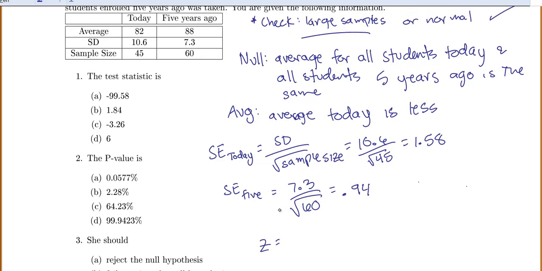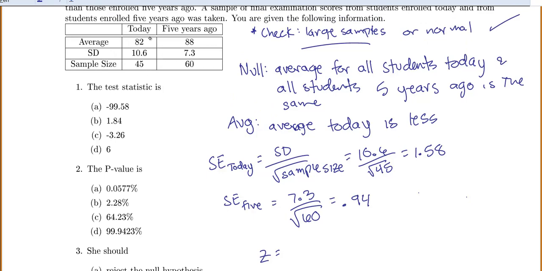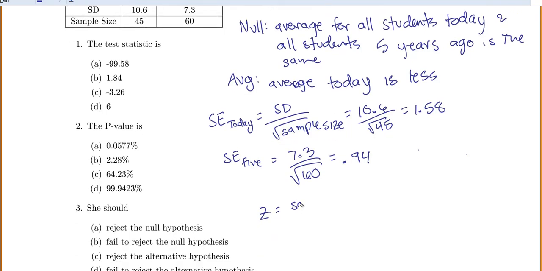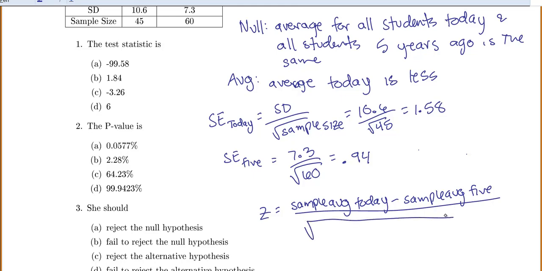Now Z equals, and for which order to do it in, I'm just going to do today first, just because today was written first in the information. So it's going to be sample average today minus sample average for 5 years ago, over the square root of standard error today squared plus standard error for 5 years ago squared.